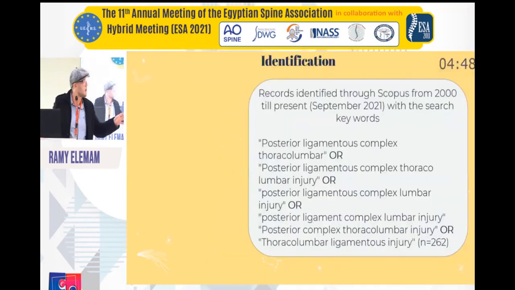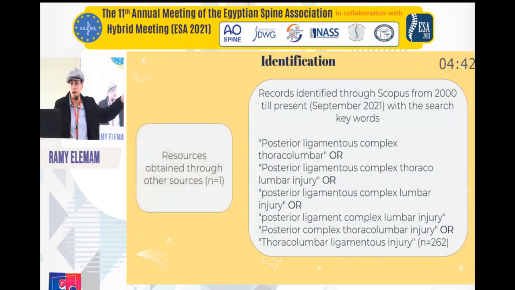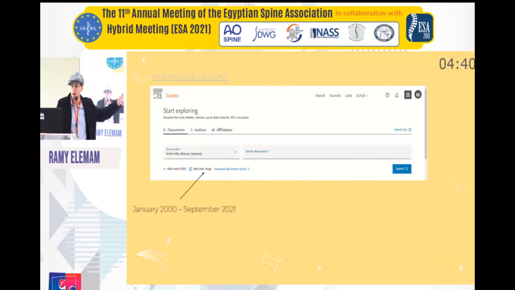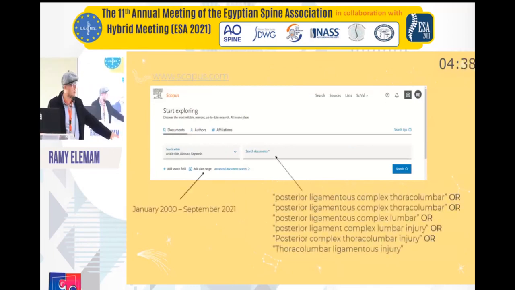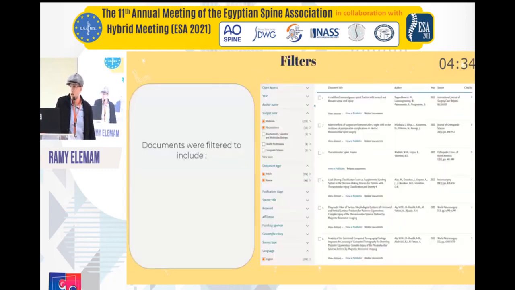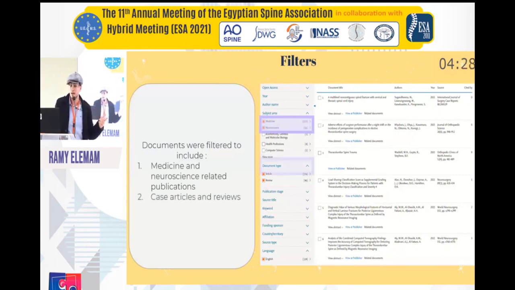So to start off, the identification was done by going into the Scopus database and searching for key terms from January 2000 till September 2021. After that, filters were applied, such as the subject as medicine and neuroscience, then just searching for case articles and reviews, and including English publications only.